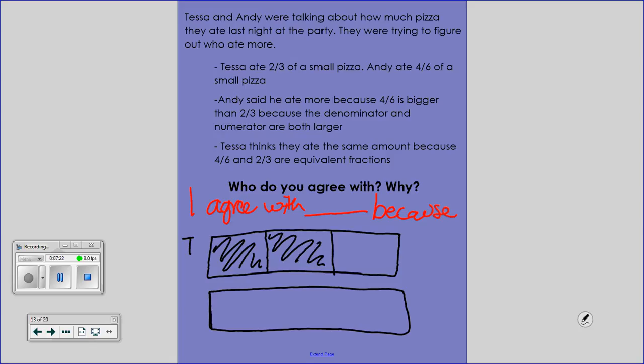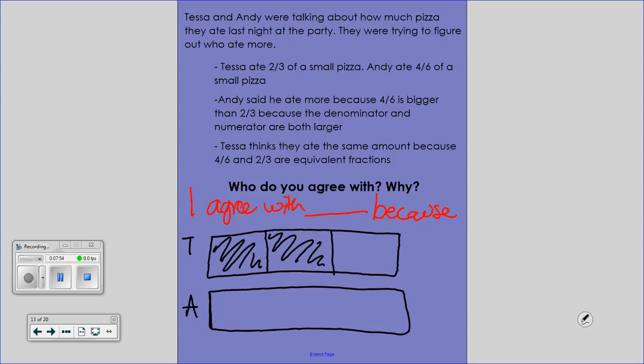Great. And then Gabriella said, okay, in the next one we need to draw Andy's pizza. I'm going to put A for Andy. Parker, what am I going to partition Andy's pizza into? Sixths, why? The denominator is 6.